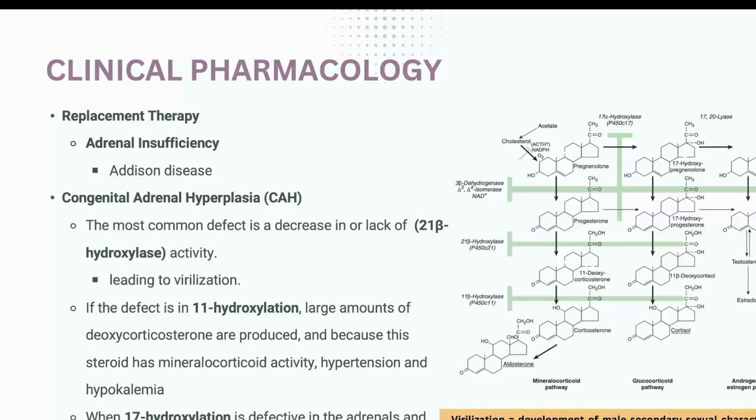So when you inhibit this biosynthetic pathway, it decreases the biosynthesis of adrenal androgen hormones, so it leads to hypogonadism.